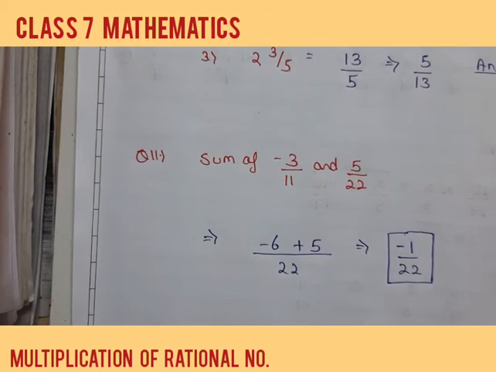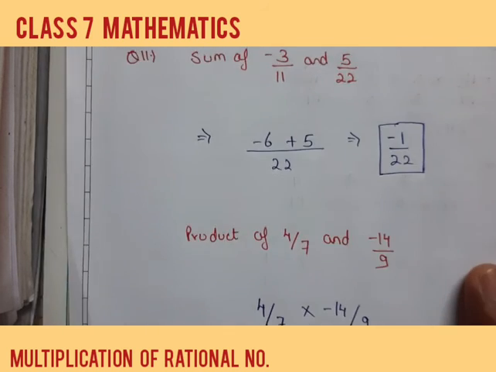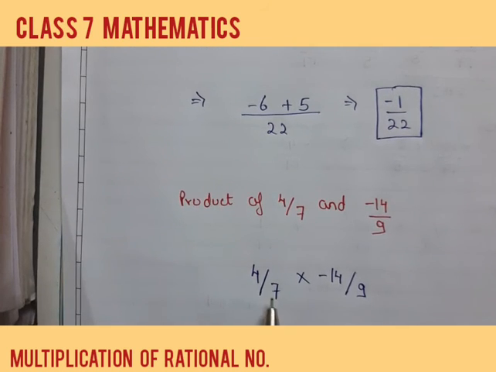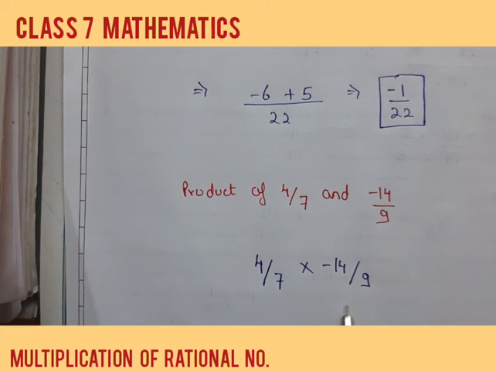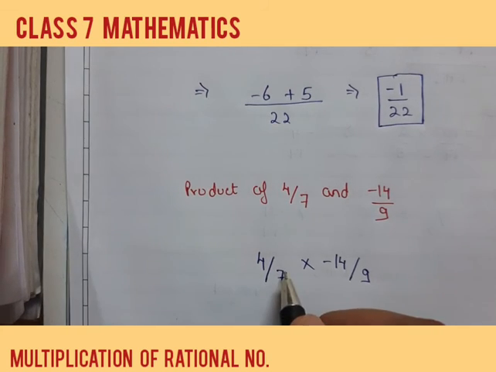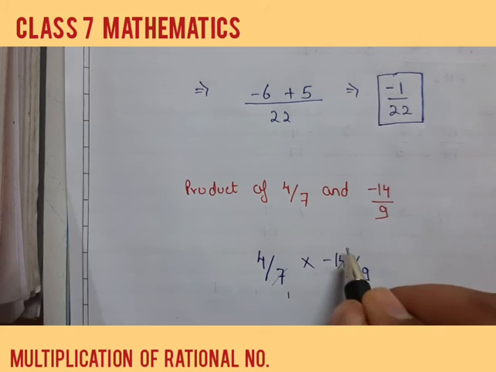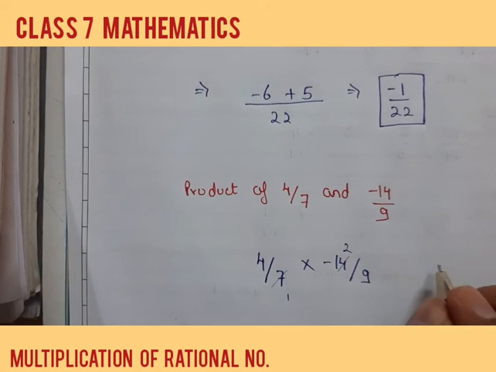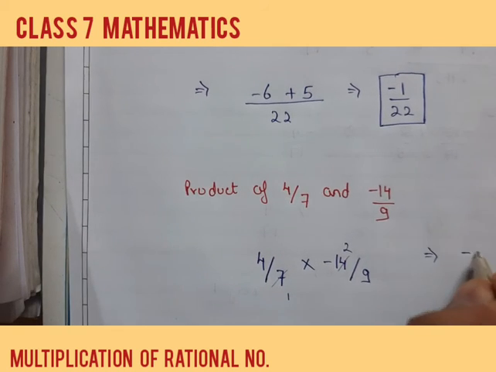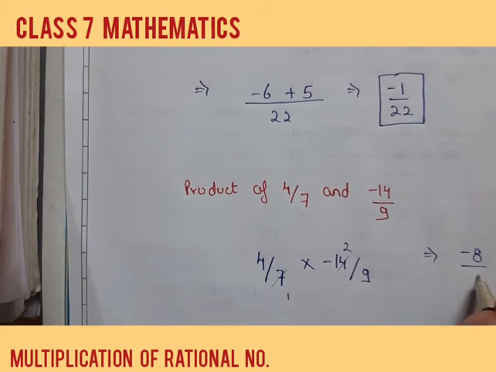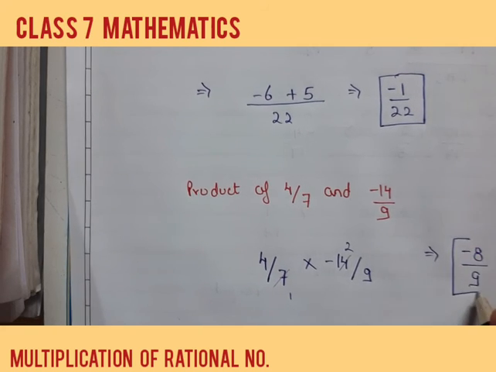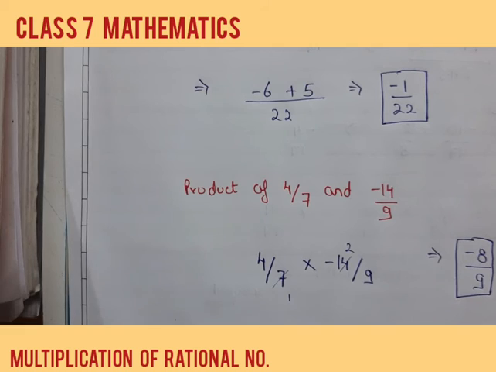Now in the second part, we need to find the product of 4 by 7 and minus 14 by 9. So write it: 4 by 7 multiplied by minus 14 by 9. See the common factor: 7 into 1 is 7 and 7 into 2 is 14. 4 into minus 2 is minus 8 upon 9, that is minus 8 upon 9.